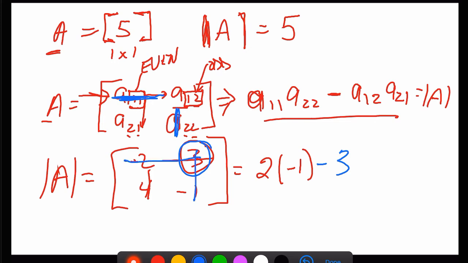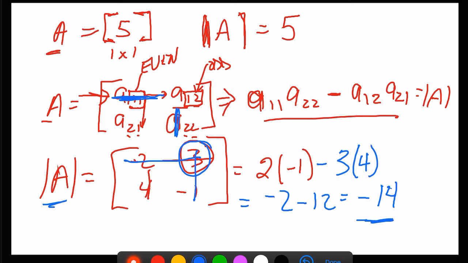Eliminate the row, eliminate the column, multiply that times 4. Yes? And I get minus 2 minus 12 equals minus 14. And that minus 14 is the determinant of the matrix A. Exciting? Okay, this is a really simple thing to do.